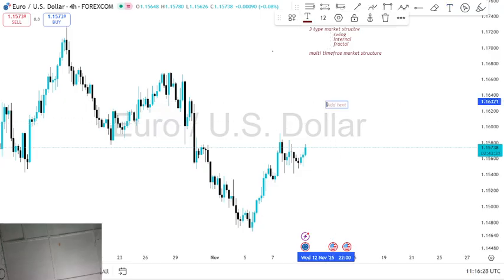an axiom, and it is when, let's say, after a break of structure, we expect a pullback.